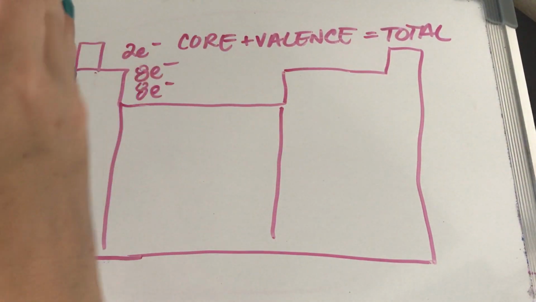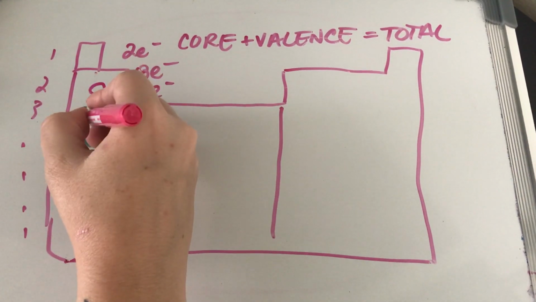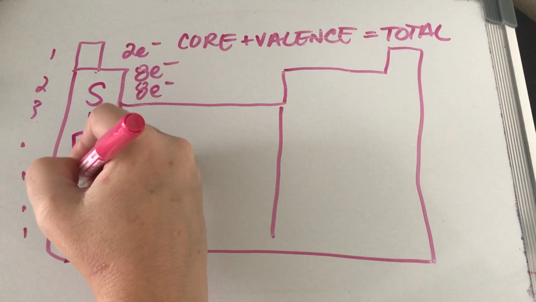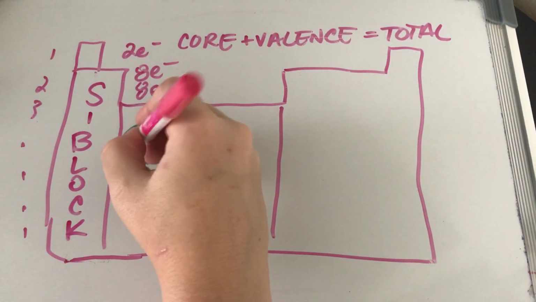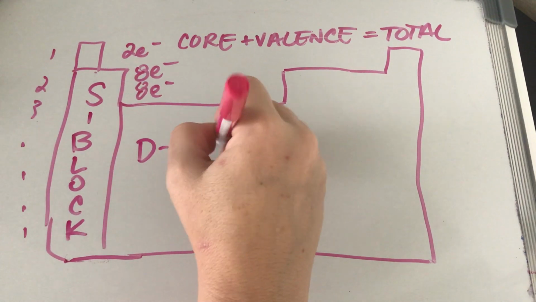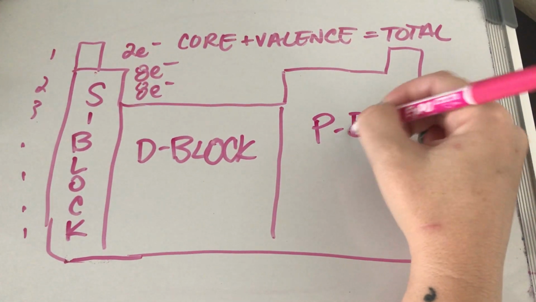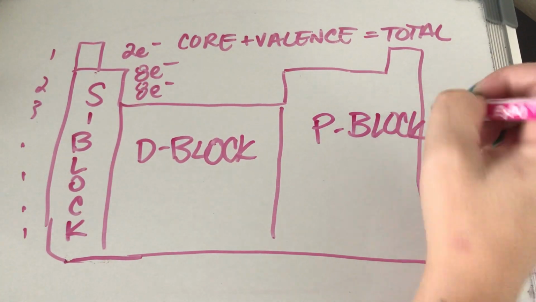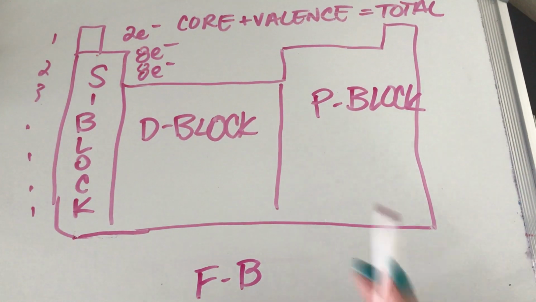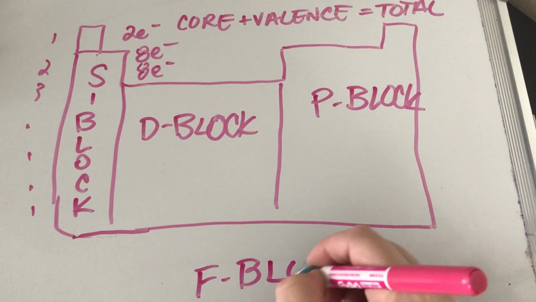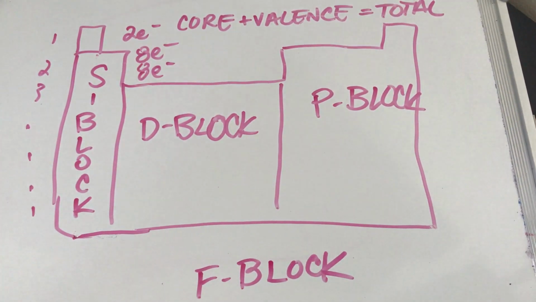Now we're going to talk about the housing blocks, okay? So this is called the S block, this is called the D block, and this is called the P block. The one down there at the bottom is the F block. We're not really going to flex on that too much because we don't need it.